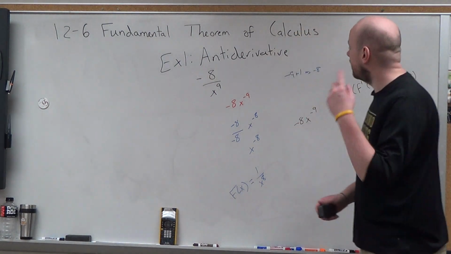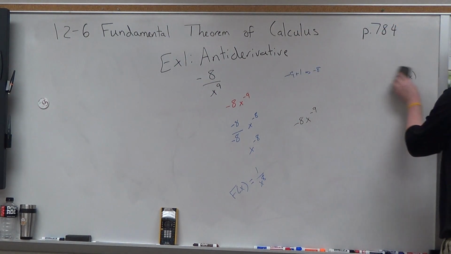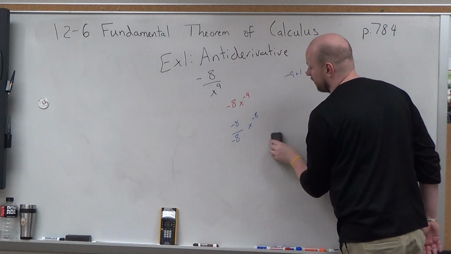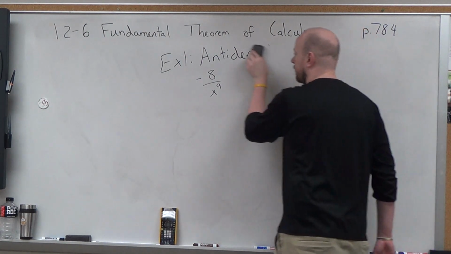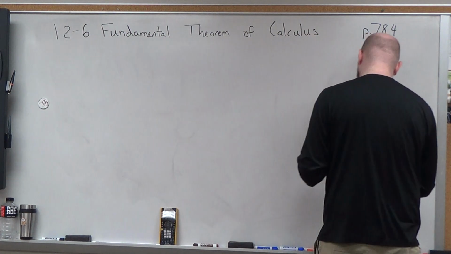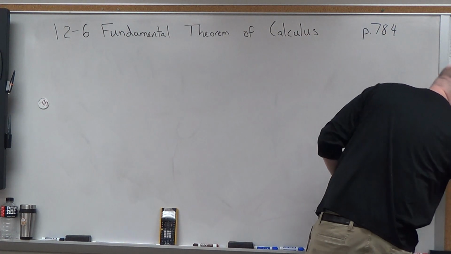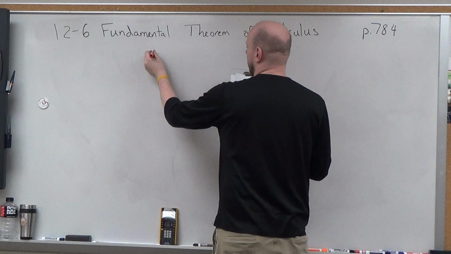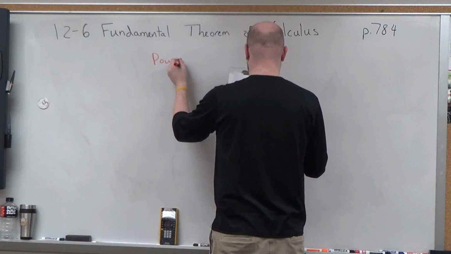That being said, we had a whole bunch of derivative rules, and the same thing applies to antiderivative rules. So antiderivative rules. Let's see. First one, well, the first one's pretty easy. It's the power rule for antiderivatives.